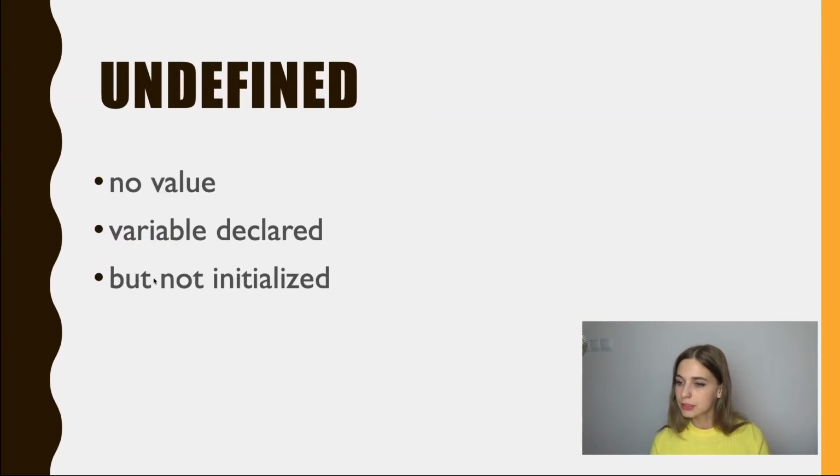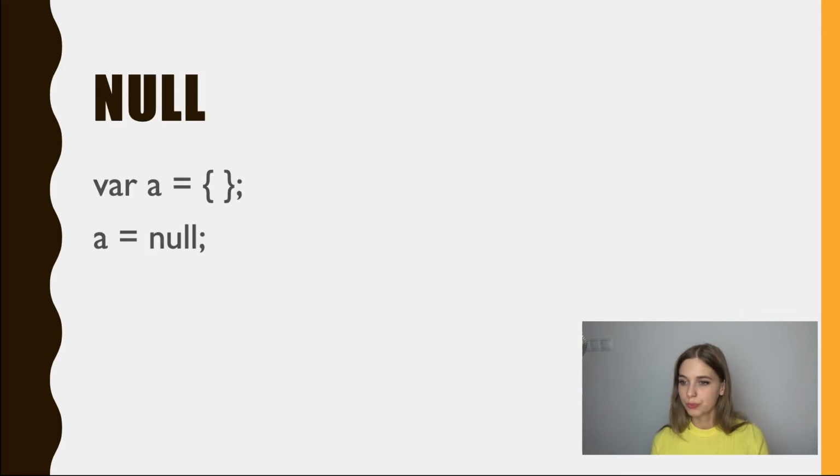Let's go back to my presentation. What have I got in store for you? Null. So it means that we've kind of finished undefined. This isn't a lot of information, but I told you that this tutorial should be super quick. So null: this construction here means that I'm creating a variable a and I'm assigning here an empty object.